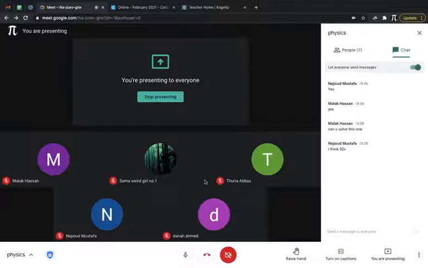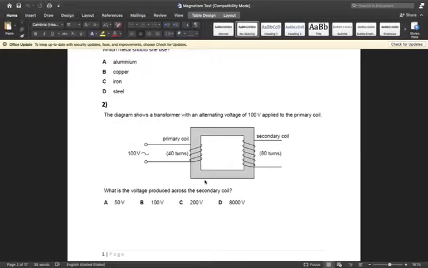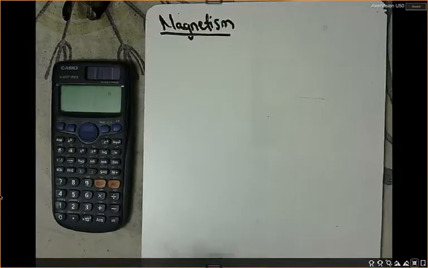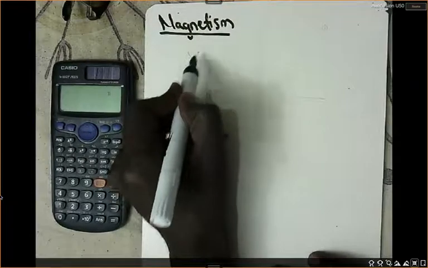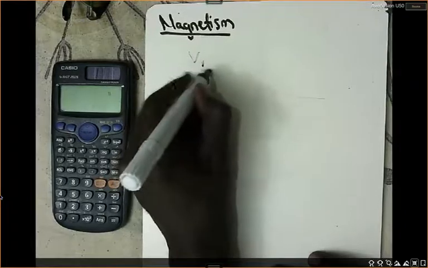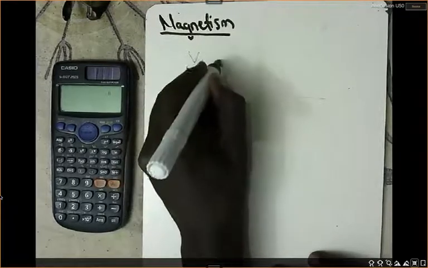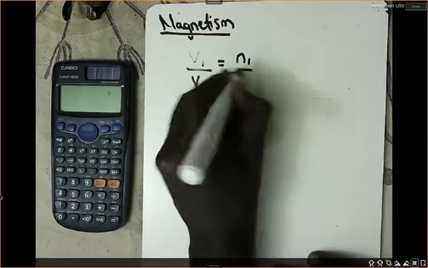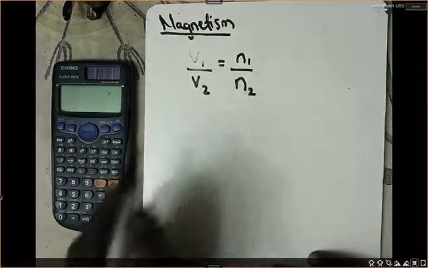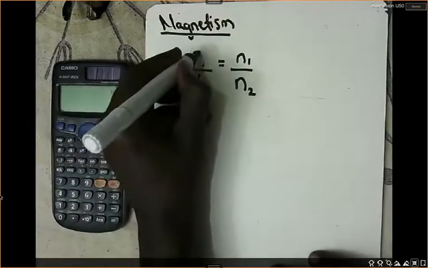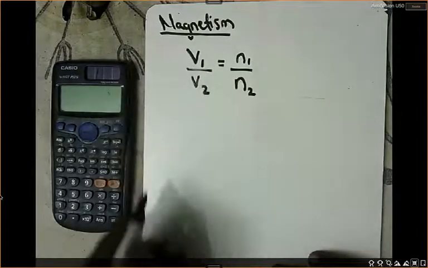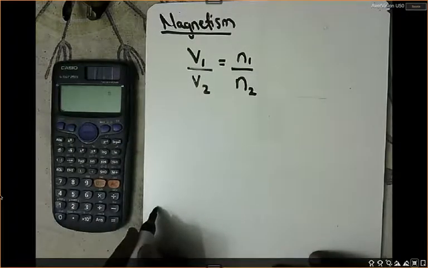Okay, let's see. I'll say, let me just bring that down a little here. I'll say V1 over V2 equals N1 over N2. Very simple formula.